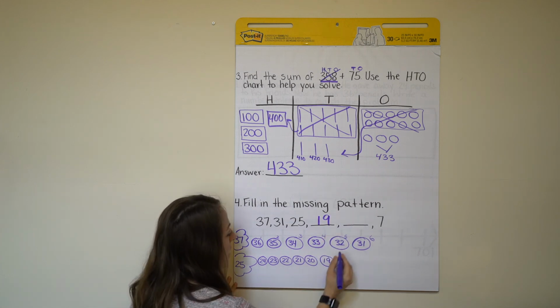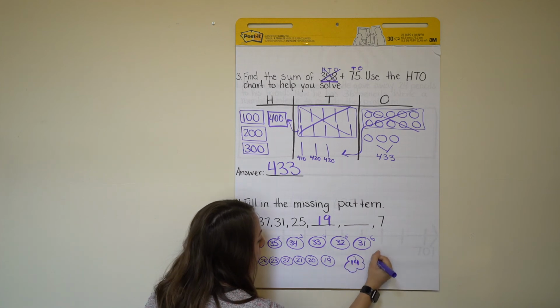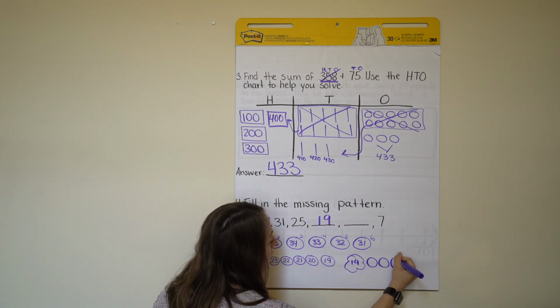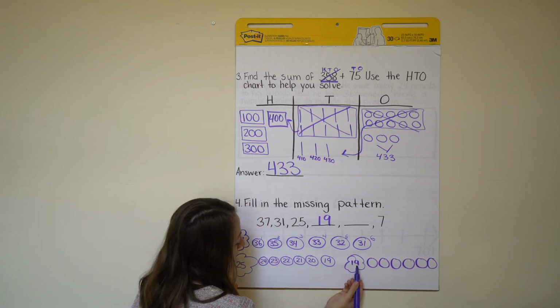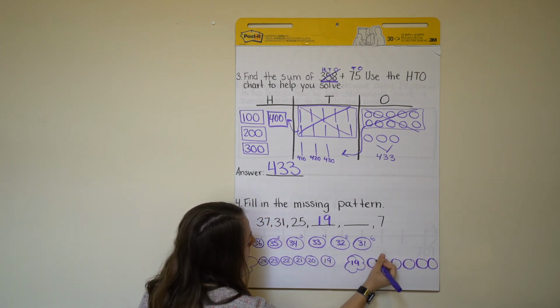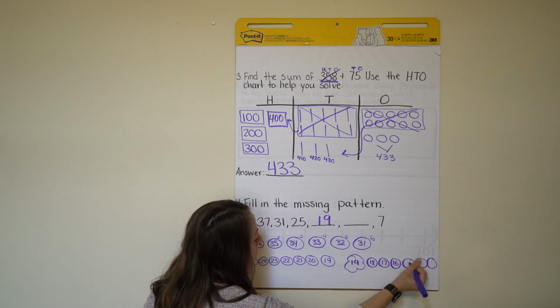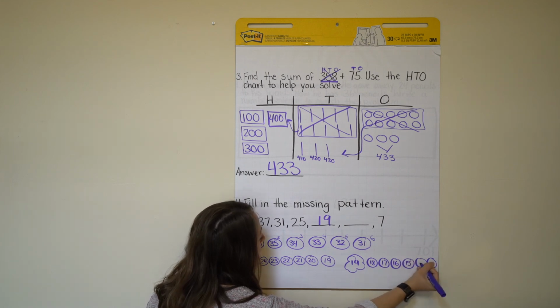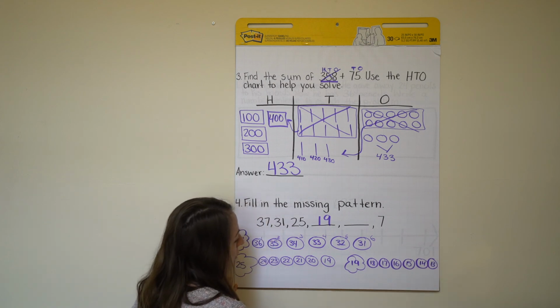Then I'm going to put 19 in my brain and draw 6 circles. And I'm going to count down. 19, 18, 17, 16, 15, 14, 13.